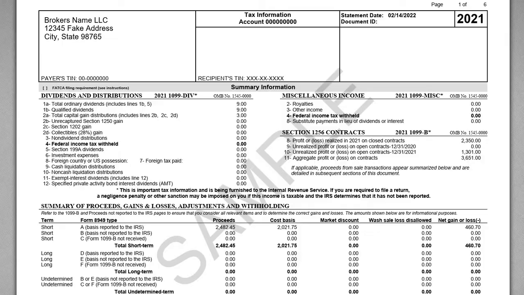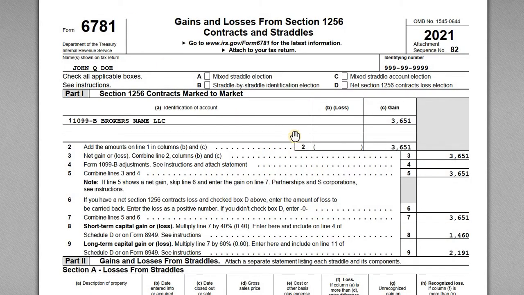So if we jump back to the 6781 here, we're going to be working with Part 1 mostly. At the top here, A, B, C, and D, these are potential elections that you could be making. In our case, we're not going to do those. For example, if you check box A for a mixed straddle election, that would be a position where you have a mixture of 1256 contracts and non-1256 contracts, and you have a straddle position.